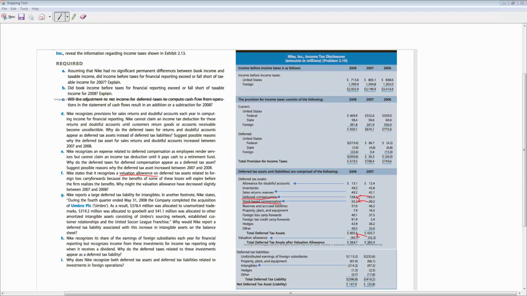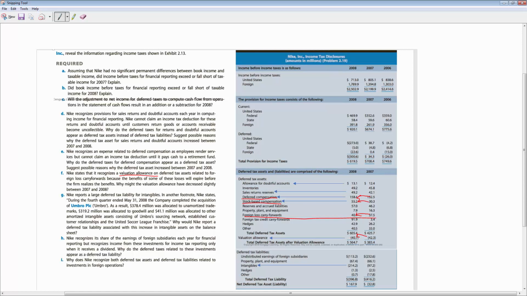Or if we take a look at this one, the foreign loss carry forward, we find there is an increase, right? When there is an increase, that means some subsidiaries of Nike's foreign operations incurred losses continuously. So that's why this account keeps accumulating, or keeps increasing. And the valuation allowance means some of the benefits of deferred tax assets cannot be used.